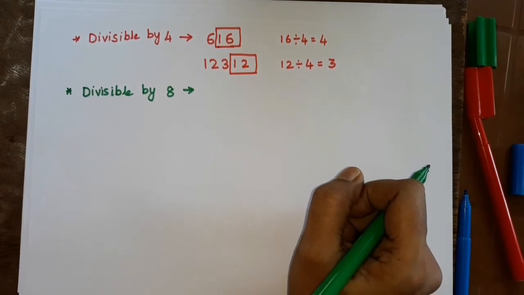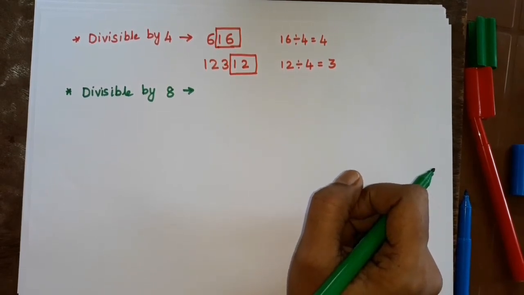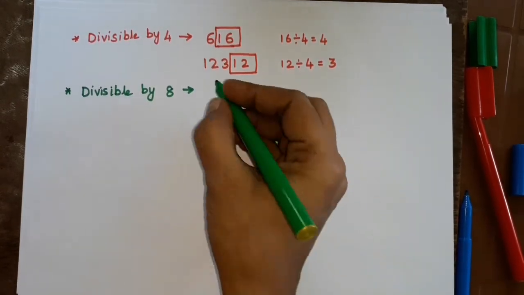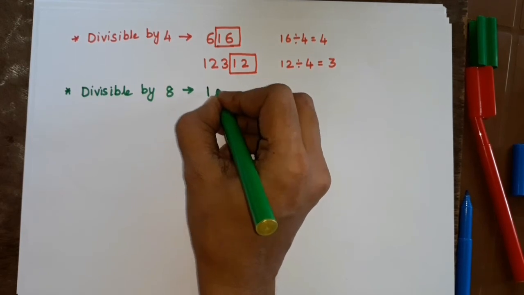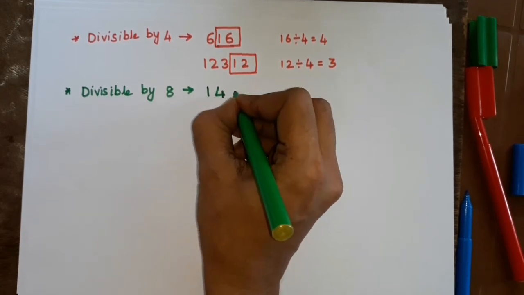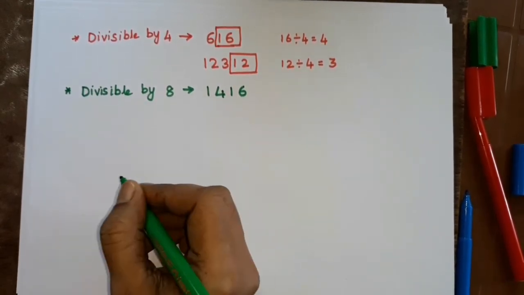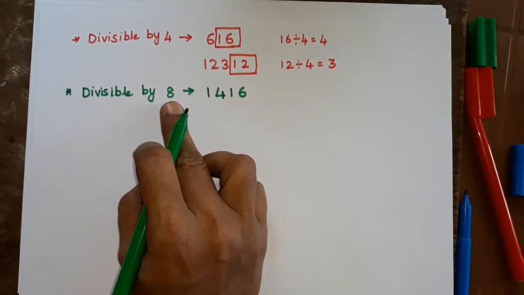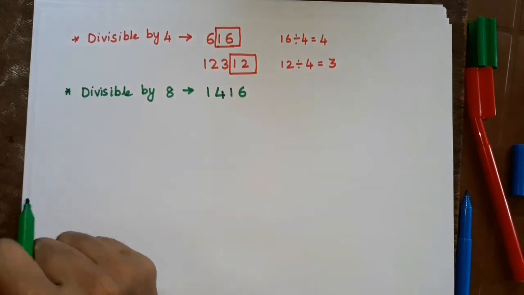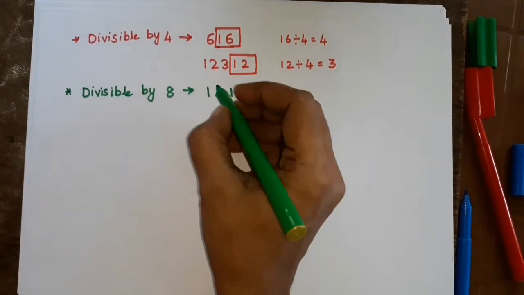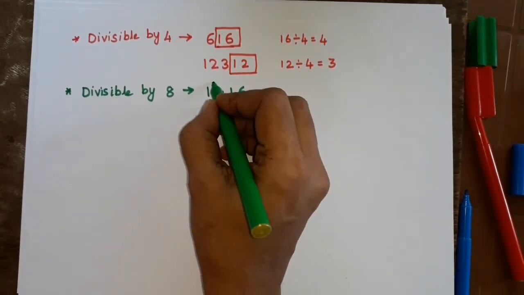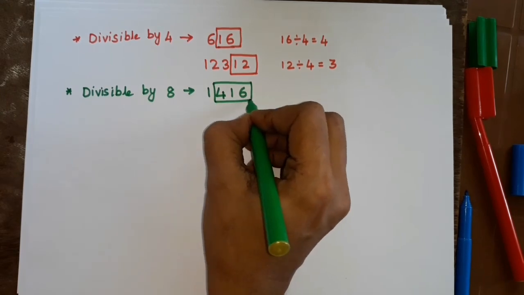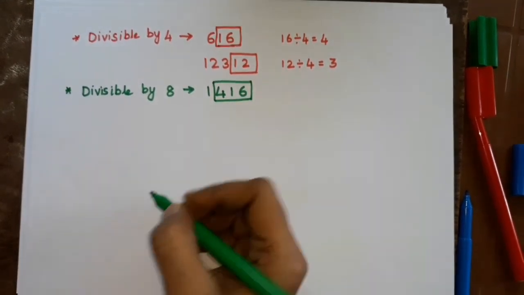If the last 3 digits are divisible by 8, then the whole number will be divisible by 8. Now with an example we can do. 1416. We have to check whether 1416 is divisible by 8 without doing the actual division. As I said, we will take the last 3 digits, which is 416.